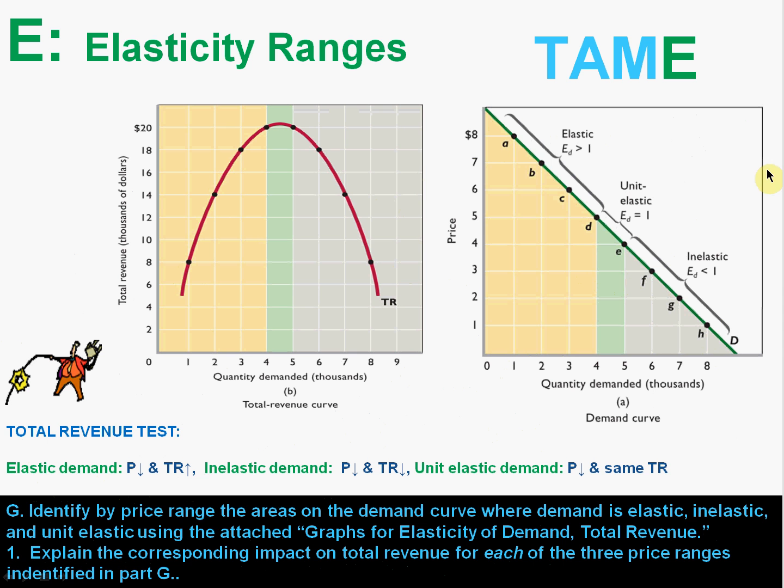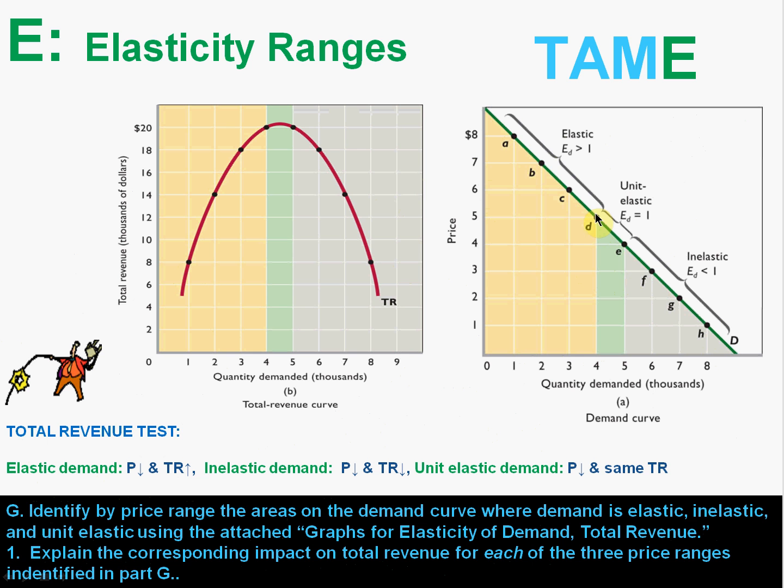The elastic portion of the demand curve is where price is between $8 and $5, and correspondingly quantity demand is between 1 and 4. That covers elastic, and that's the framework. That's the way in which you can structure an answer about where the elastic portion of a demand curve is. You just have to calculate where it actually begins and where it ends.